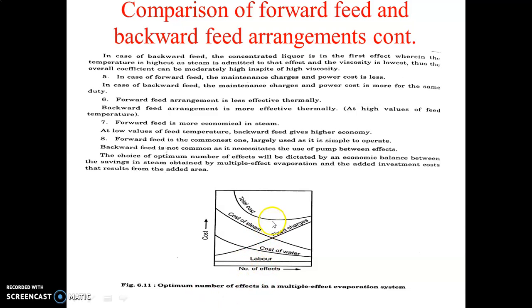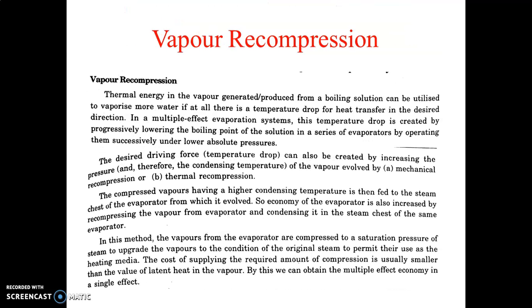Suppose here we obtain the minimum total cost, then you go down this line to the x-axis, where the numbers 1, 2, 3, 4 are written, and if it is 3, then you use 3 effects in the multiple effect evaporation system. In this way you can decide the optimum number of effects. It totally depends upon the cost analysis.